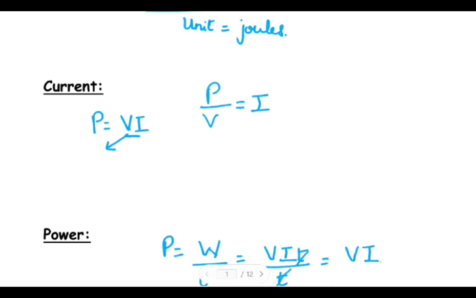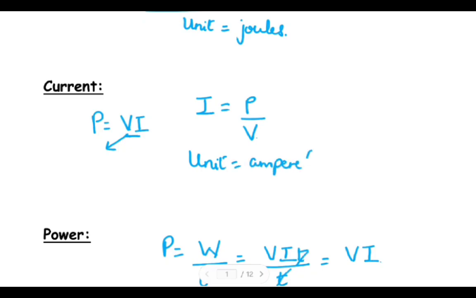So, formula for current, as of now, okay, if resistance is given, there's another formula, but as of now, I, which is current, is equal to power upon potential difference or voltage. And what is the unit? Unit is ampere. Alright.